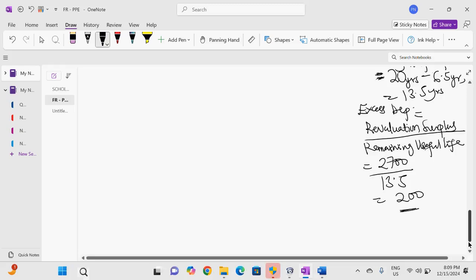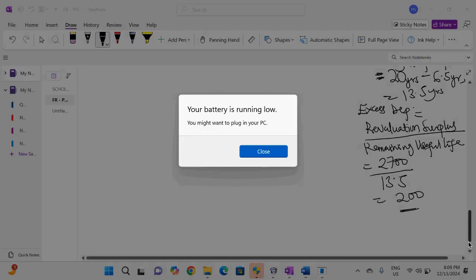So either you go by this method, or you go by the method that I've shown you, or by the earlier one. You calculate the yearly depreciation for each of them, then find the difference. But if you are not too certain about that, then you use the formula to get the excess depreciation.